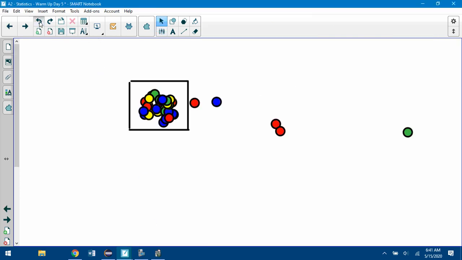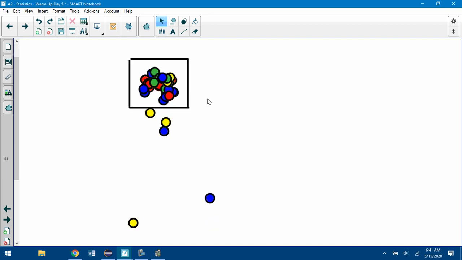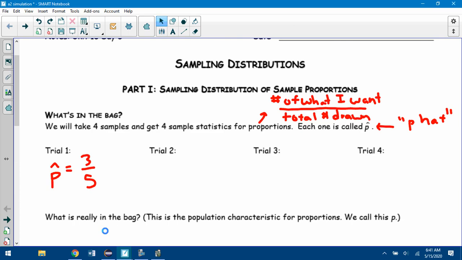Let's go back and try again. So again, I'm going to not look and just try to draw 5 out. So 1, 2, 3, 4, 5. How many red did I get that time? None. Okay, well that's weird, but that could happen. So this time p-hat was 0 out of 5.